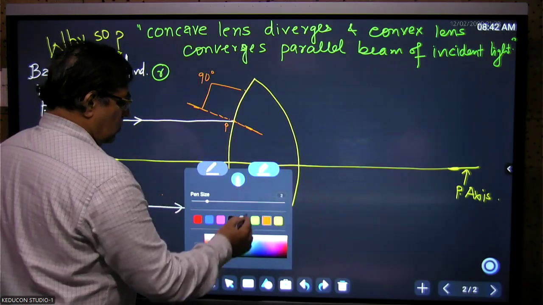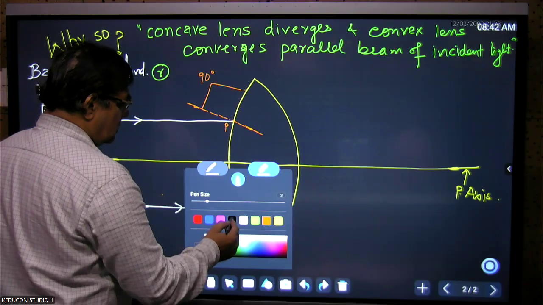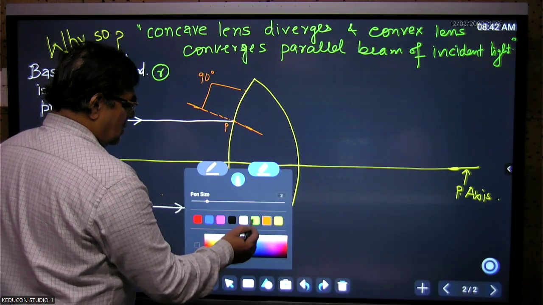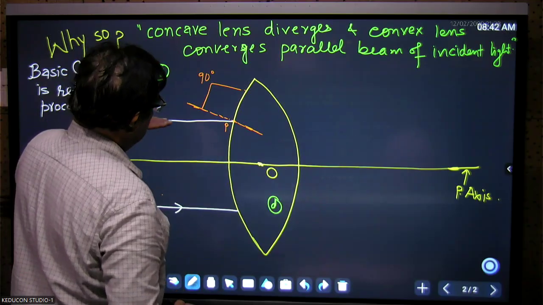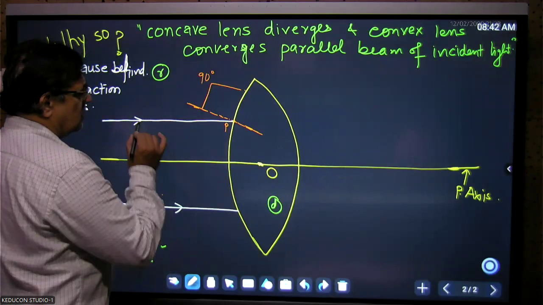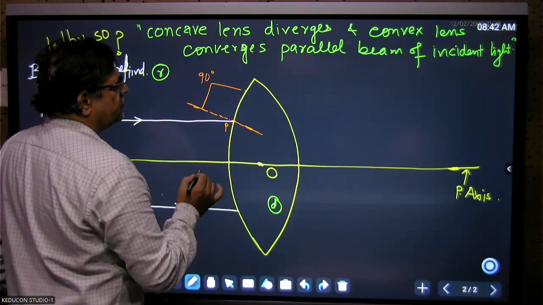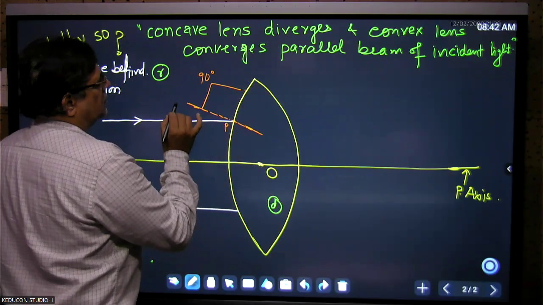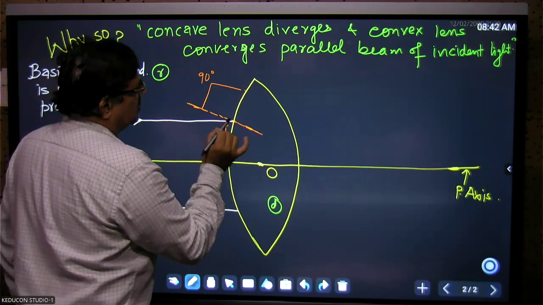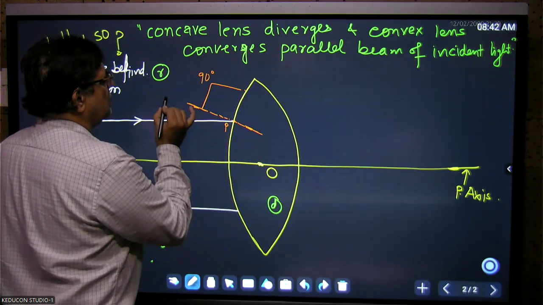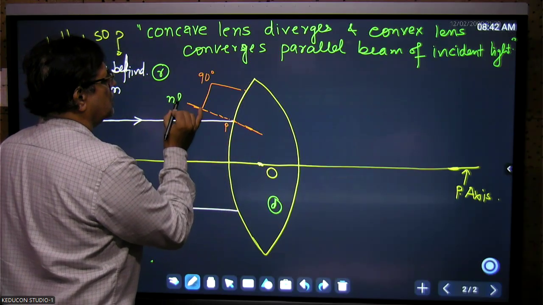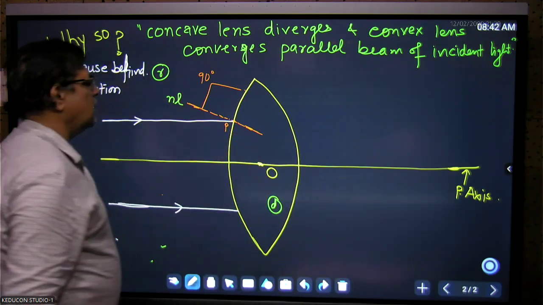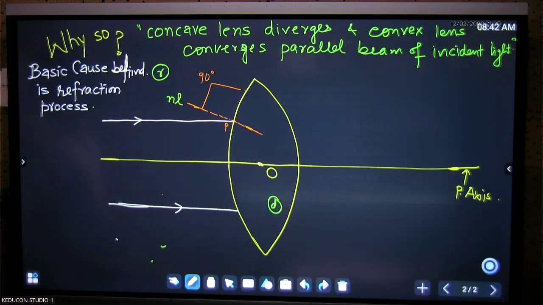Okay. So in the back of your mind, you can say, sir, the incident ray is coming, shown in white color. Here is a tangent such that it makes 90 degrees with the brown dotted line, which is called the normal NL.